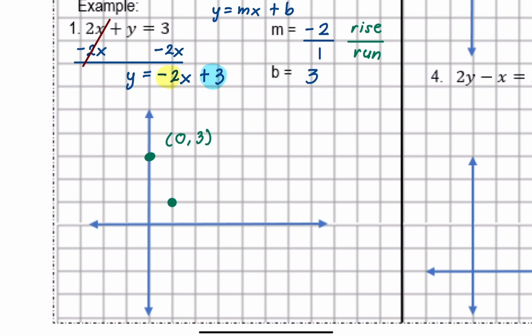Okay, next, from this point, class, we're going to do the rise over run again. So negative 2, 2 units down, 1, 2, and then our run is 1, move 1 unit to the right. So this is our next point.